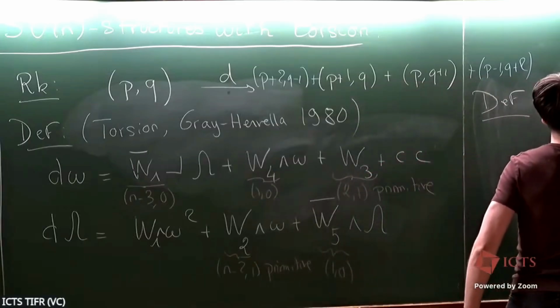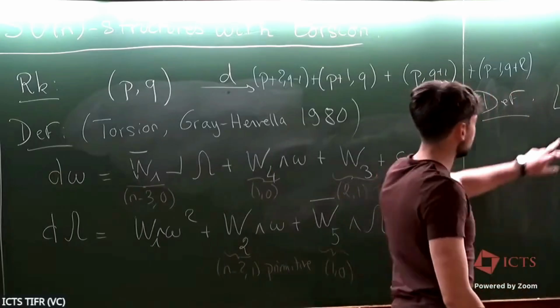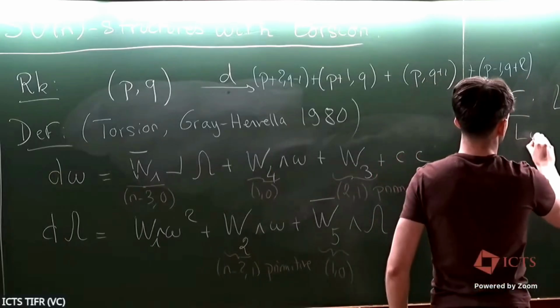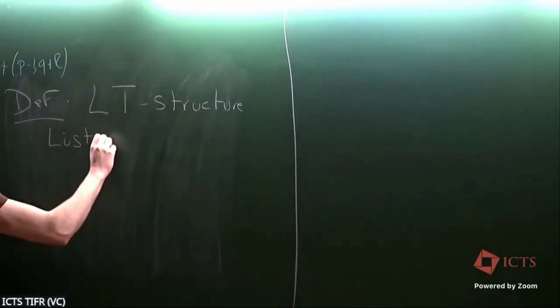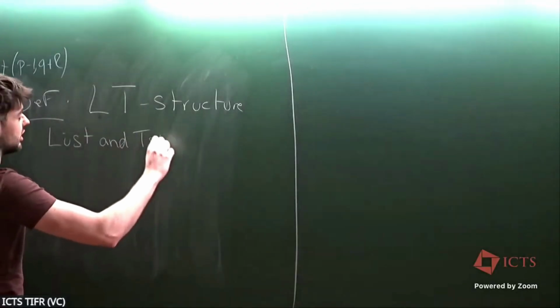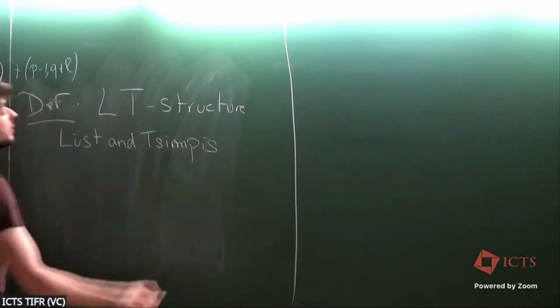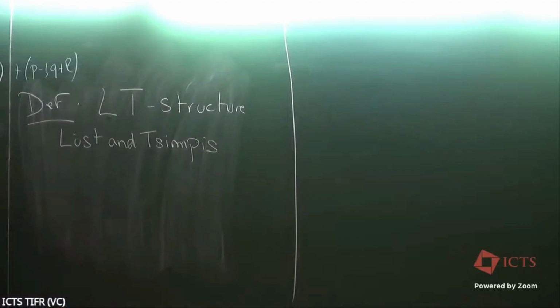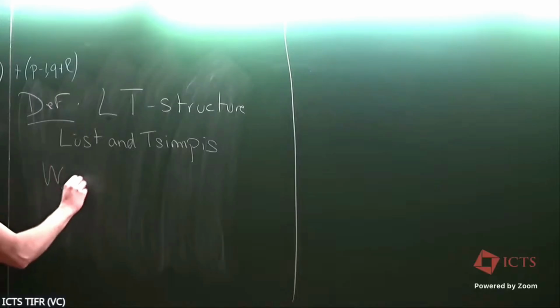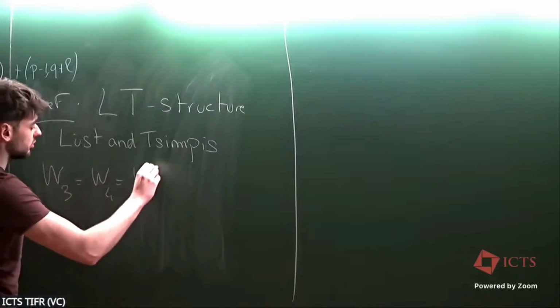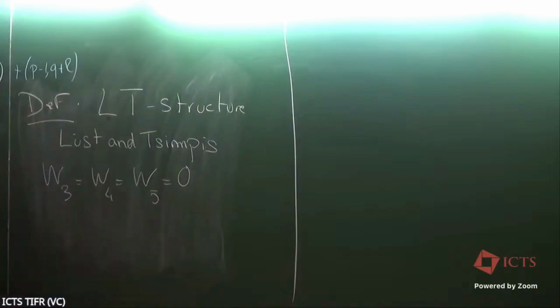LT stands for the names of two physicists, Lüst and Tsimpis. Basically they are defined as SU(N) structures where we require W3, W4, and W5 to vanish. That's the kind of structure I'm interested in and would like to study.